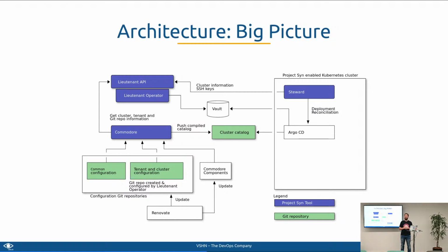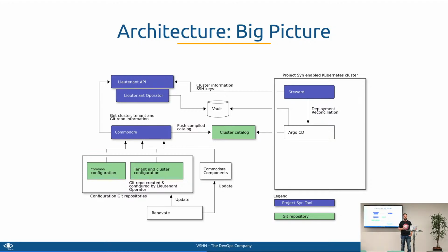The most important component here is Lieutenant. That's the inventory API which stores all the information about your Kubernetes clusters, and it also takes care of managing Git repositories, at this time in GitLab, but it could also do this in GitHub or in Gitea or other Git hosting repository software. Then we have Commodore.